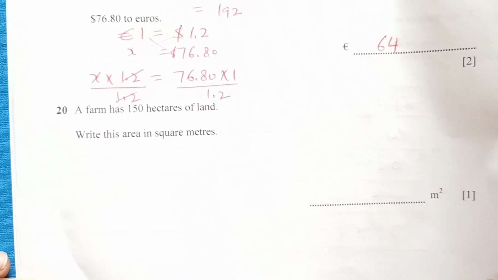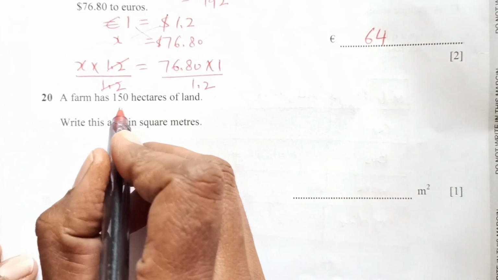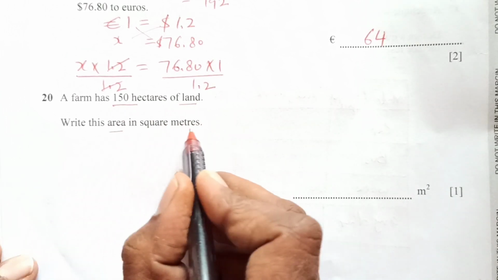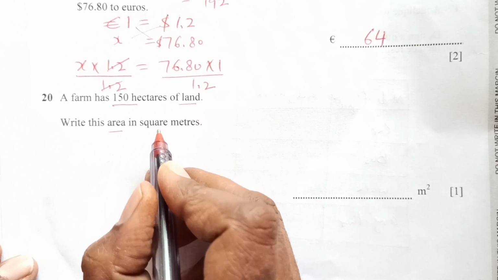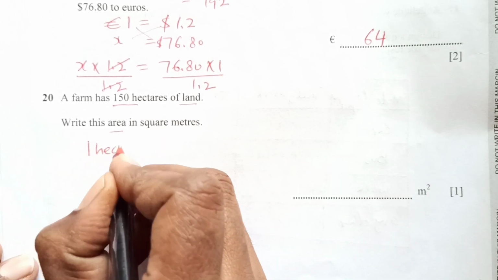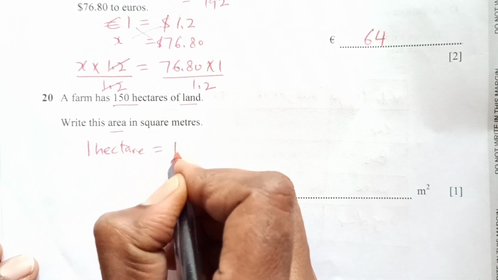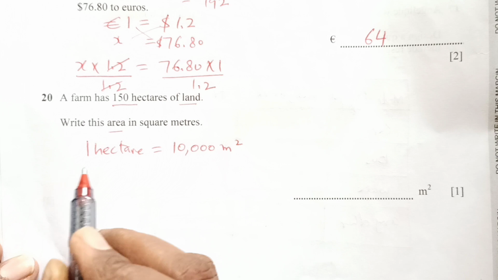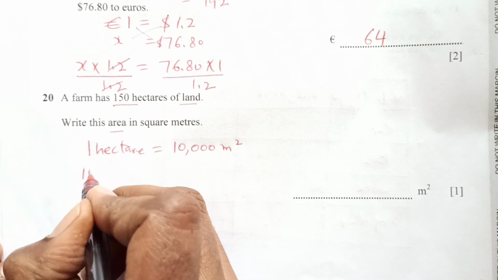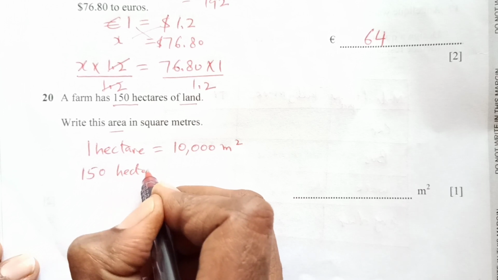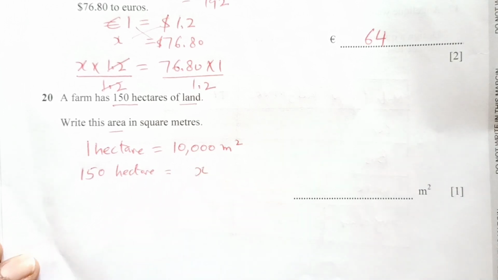Now question number 20. A farm has 150 hectares of land. Write this area in square meters. As you know, 1 hectare is equal to 10,000 square meters. So we need to convert. We have 150 hectares and we want to know how many square meters.